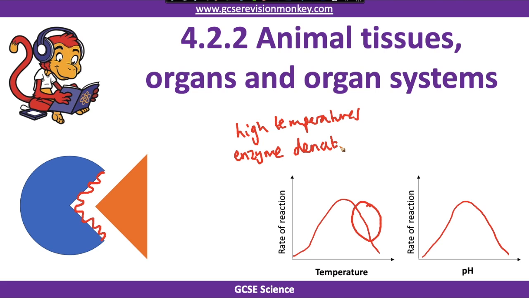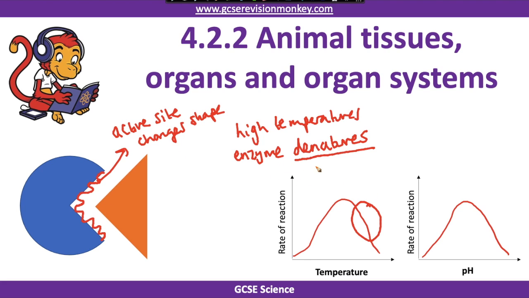We don't say that it is killed or it dies because it's not living, it's just a protein, it's not a living thing. So we have to say the enzyme denatures, and what that means is the active site changes shape, and the substrate will no longer bind because it has to be like a lock and key, a very specific shape. If the temperature gets too high, the enzyme denatures and the active site changes shape.